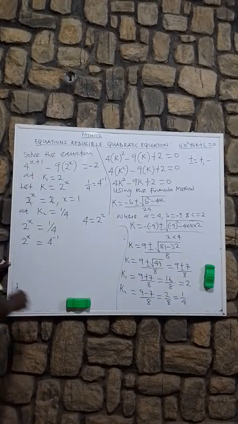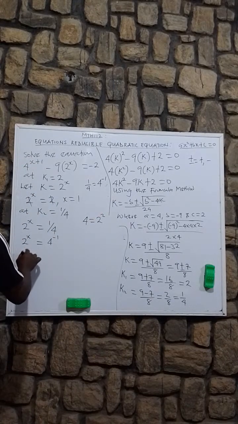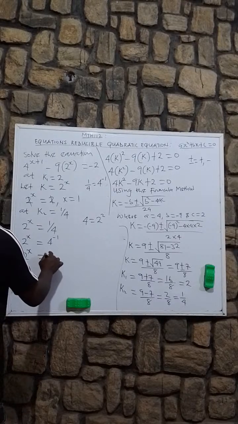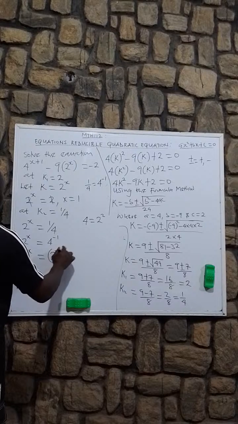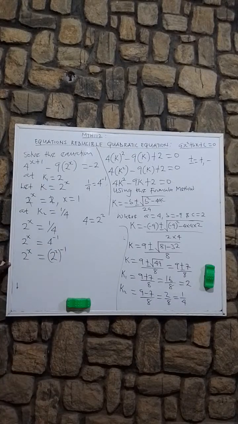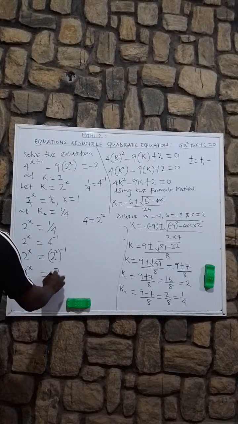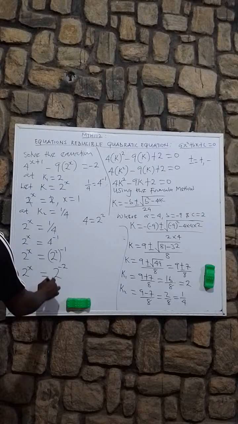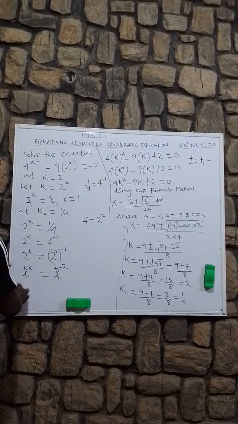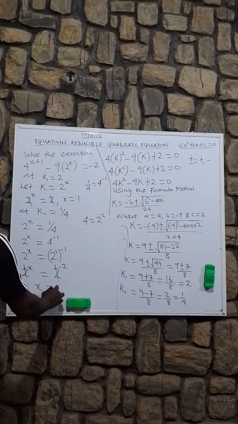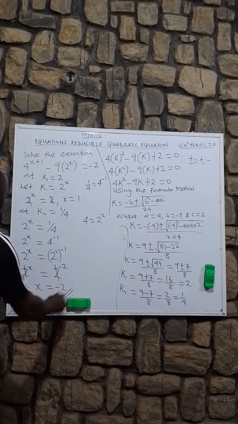So 2 raised to the power of x is equal to 2 raised to the power of 2 times minus 1. By the time you multiply, we have 2 raised to the power of minus 2. So this and this will go. Therefore, our x is equal to minus 2.